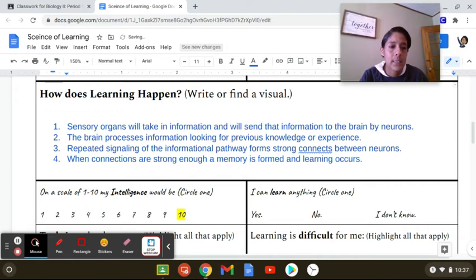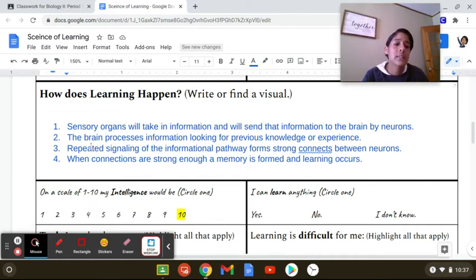The second thing that's going to happen is the brain is going to process that information looking for previous knowledge or experience. All right, so it's trying to filter, trying to find, do you already know that topic? Is there something prior that you've done or learned about that you can connect to?